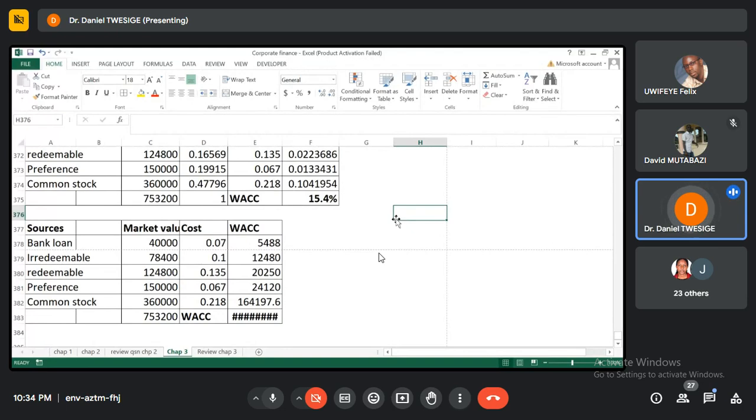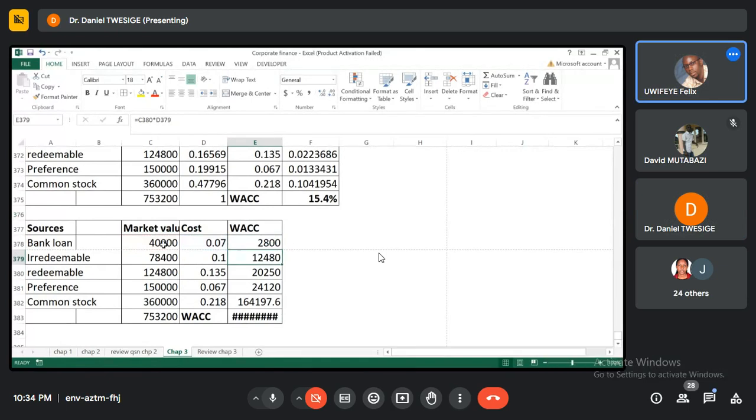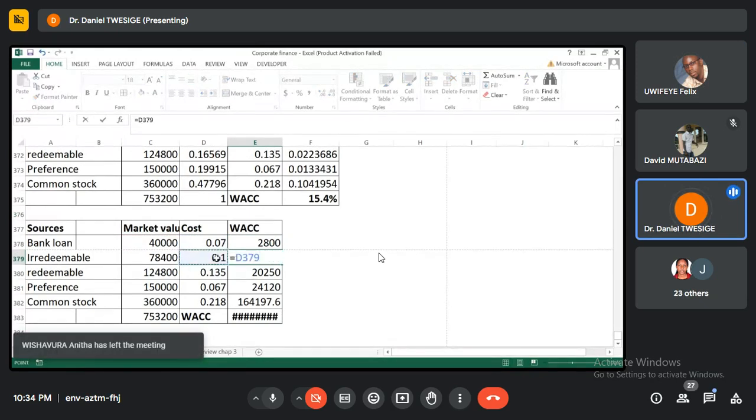The other way to compute the cost, I don't need to compute the weight. What I do, I get the cost times the market value. Are you getting each other? I just get the cost times the market value.